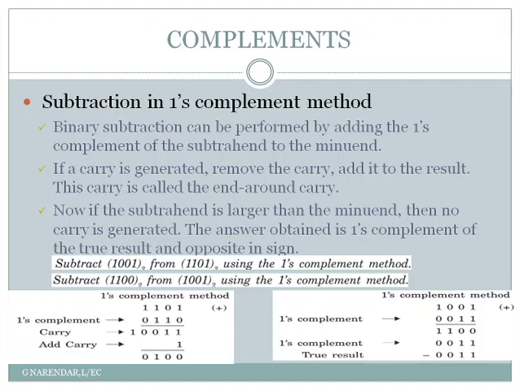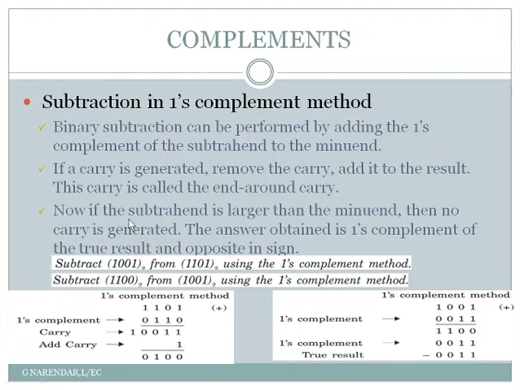Adding the 1's complement of the subtrahend is equivalent to the subtraction operation. But in the process of addition, a carry is generated. Remove that carry and add it to the result. Since we are removing the carry and adding it to the result, this is sometimes called end around carry.